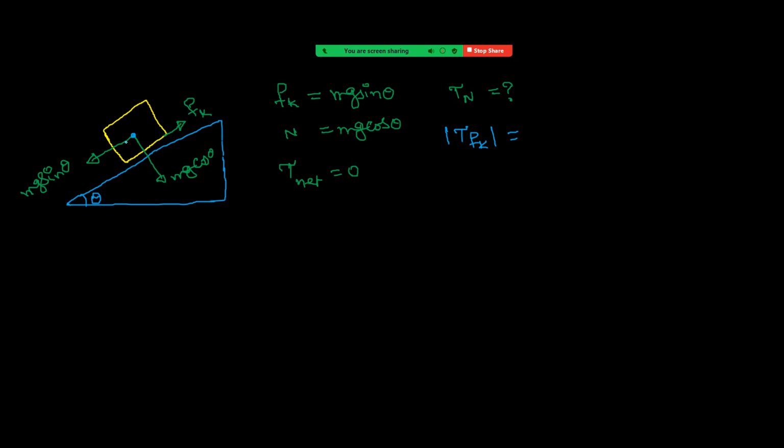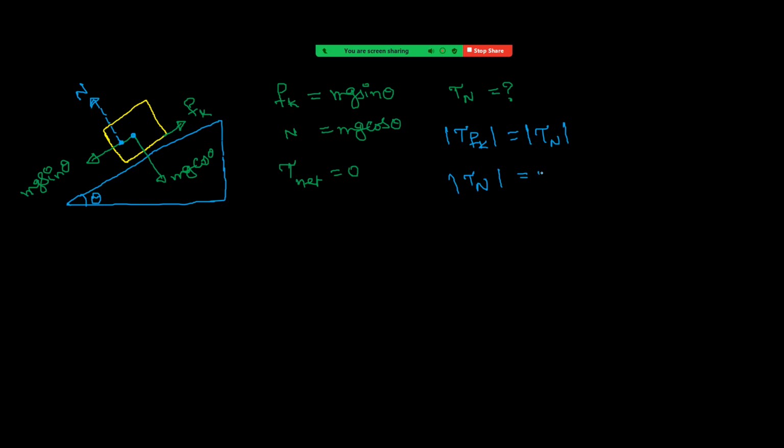That means the only possibility is the torque due to normal reaction should balance the torque due to friction, and that torque must be clockwise because the torque due to friction is anti-clockwise. Okay, that means normal reaction has to shift down the incline, then only about center it produces clockwise torque.